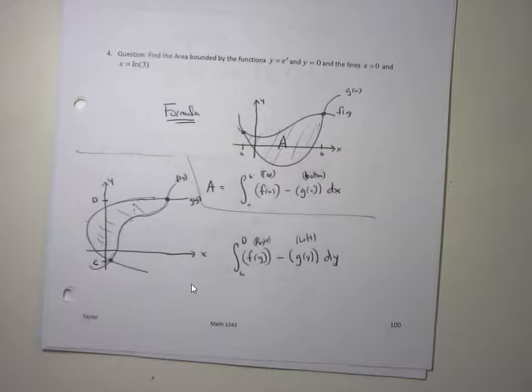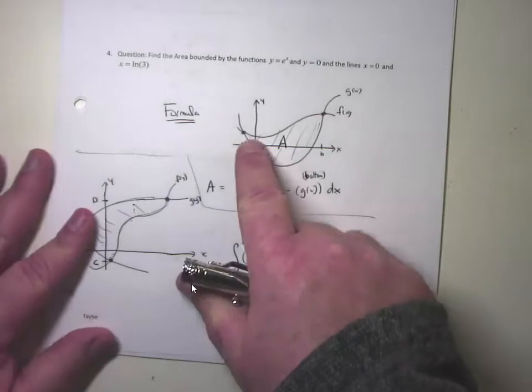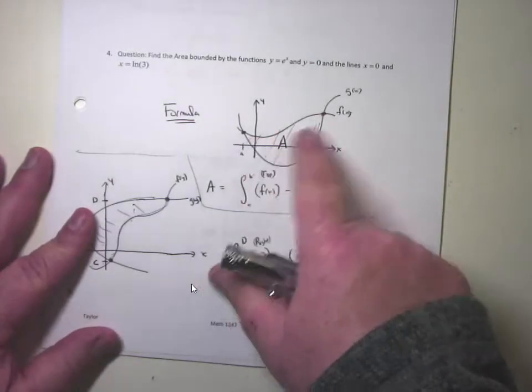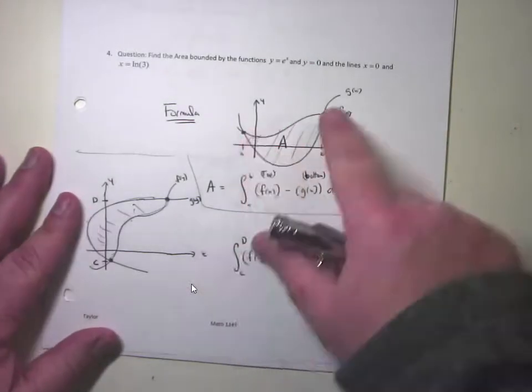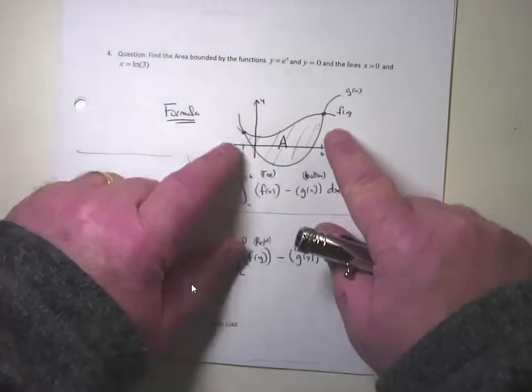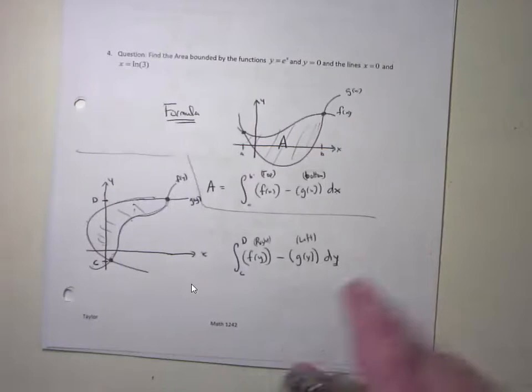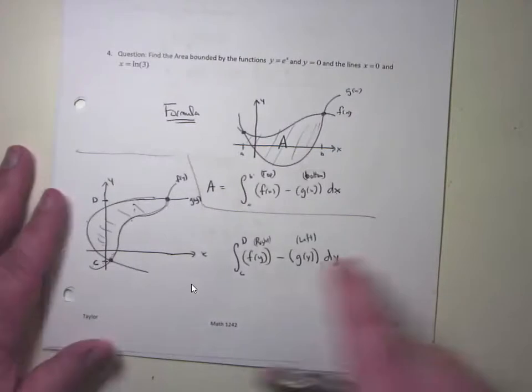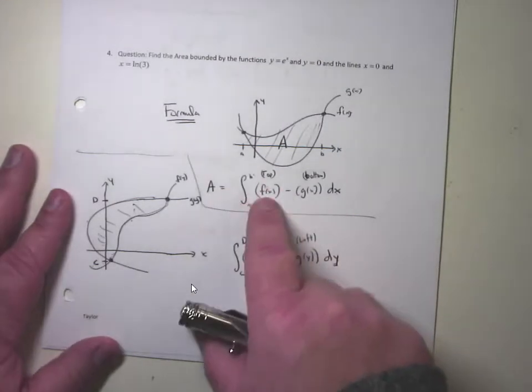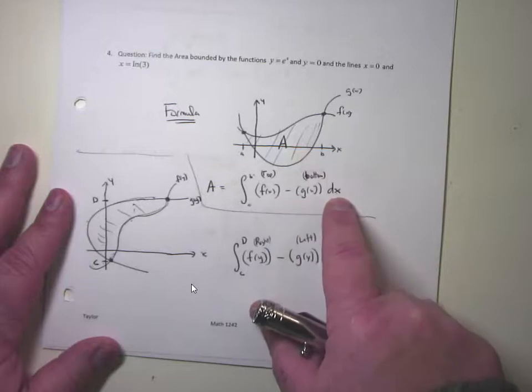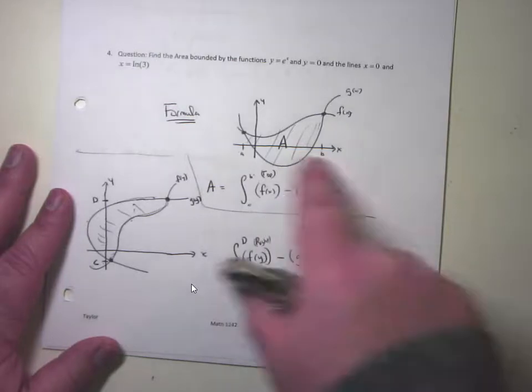The formulas are very simply this. Anytime you've got a function on top and a function on the bottom, you find your points of intersection by setting the two functions equal to each other. And the area between 2 curves is the integral of the top function minus the bottom function, dx, from a to b, your points of intersection.